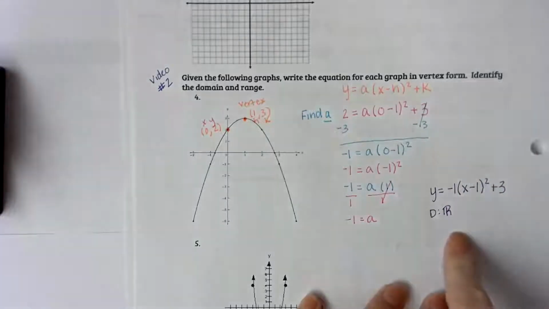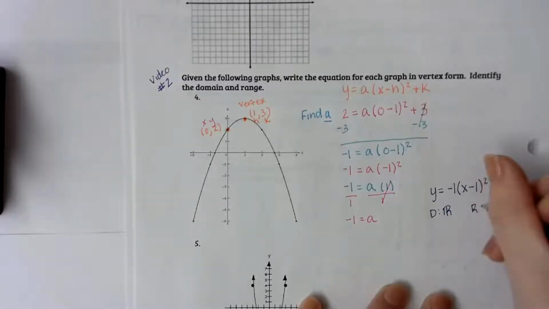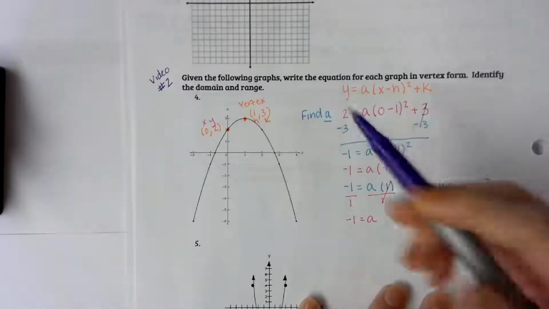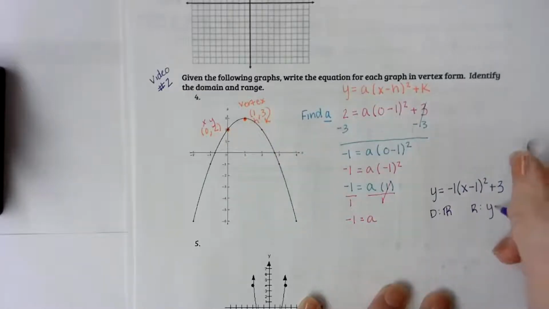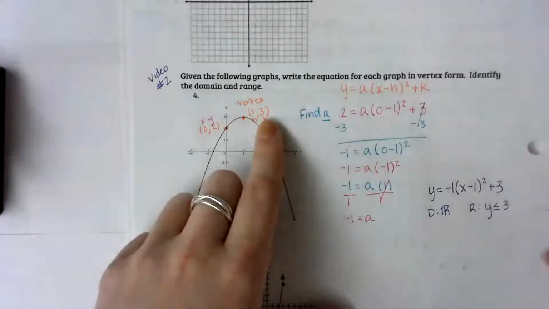That hasn't changed from when we did standard form. And then the range is y. So this point here is a max, so that means it's going to be everything less than or equal to the y value of our vertex, so 3.